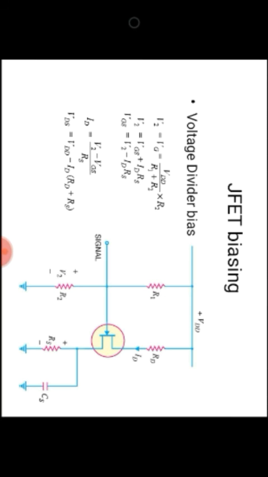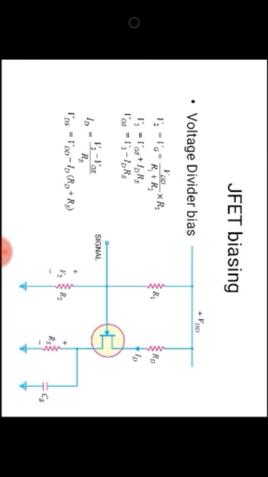So V2, which is equal to VG, is equal to VDD upon (R1 plus R2) times R2.